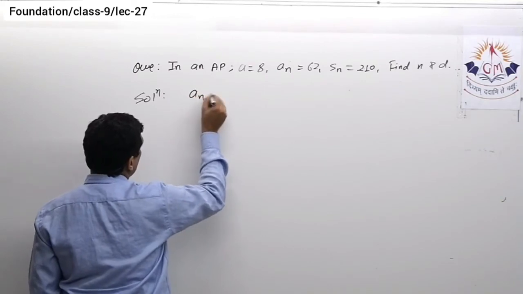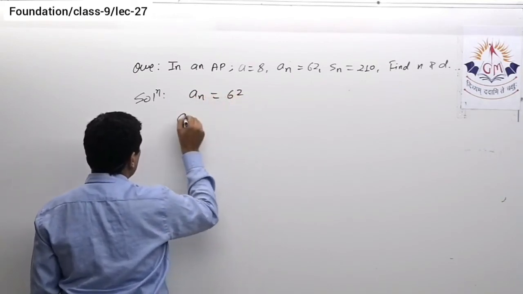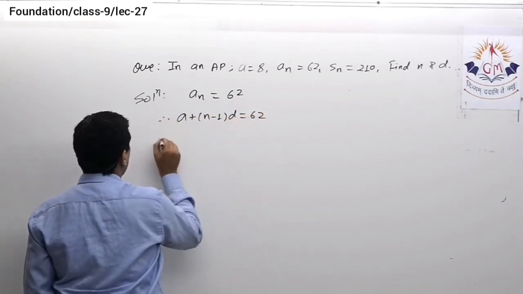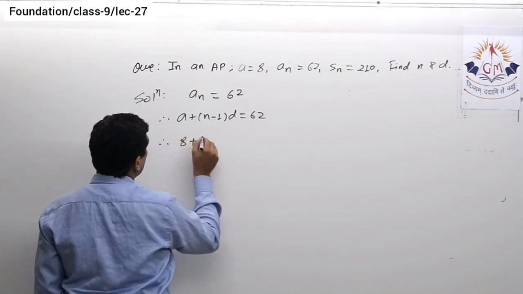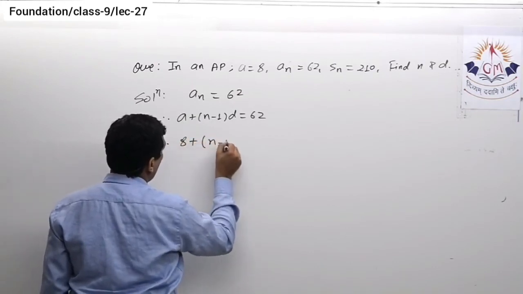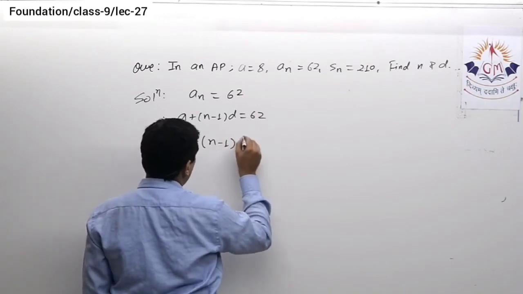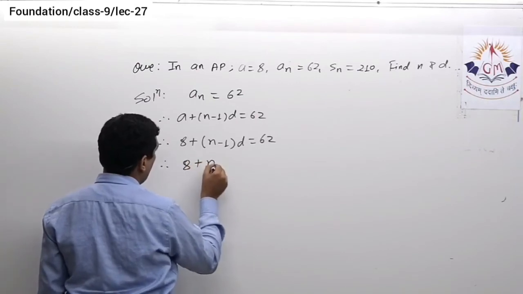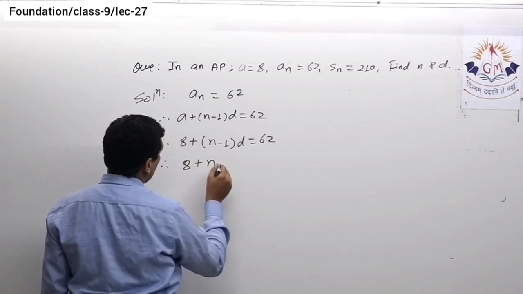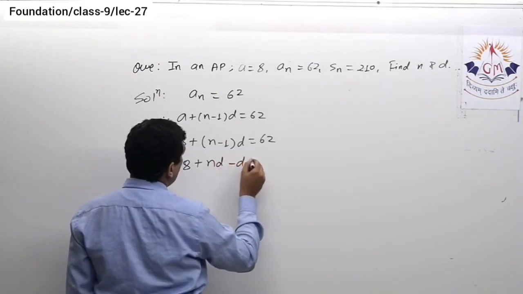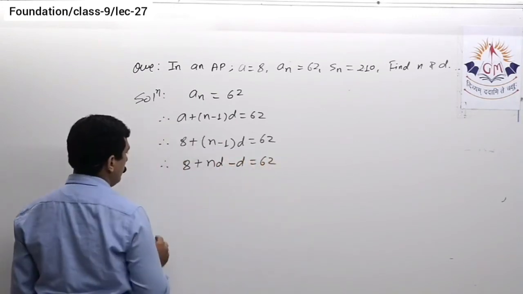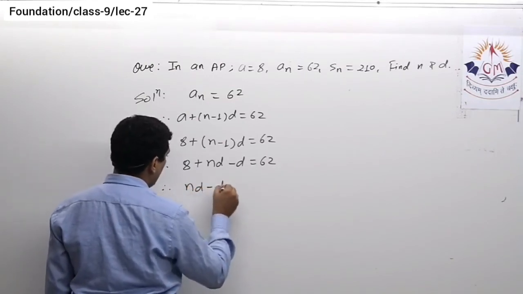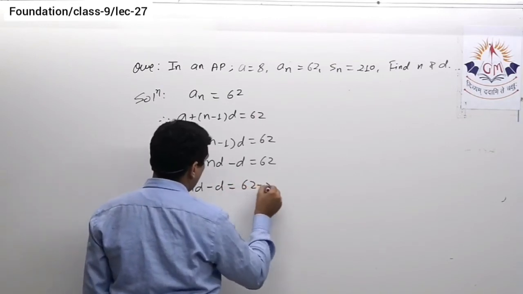an is equal to 62, that is a plus n minus 1 into d is equal to 62. Now what is the value of a? 8. So 8 plus n minus 1, n we have to obtain and d is again we have to obtain, is equal to 62. So this is 8 plus n into d minus d is equal to 62, or nd minus d is equal to 62 minus 8.